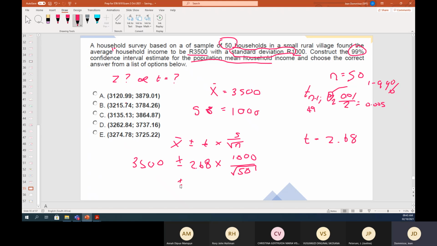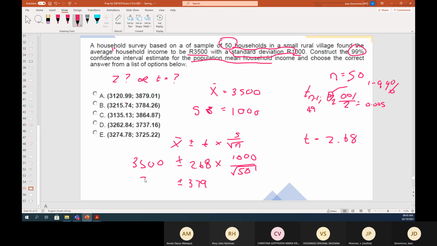Okay, so let's quickly see what that will be. So 1000 divided by the square root of 50 gives me 141.42. If I times that by 2.68, I get 379. Ooh, I hope there is an option for us.